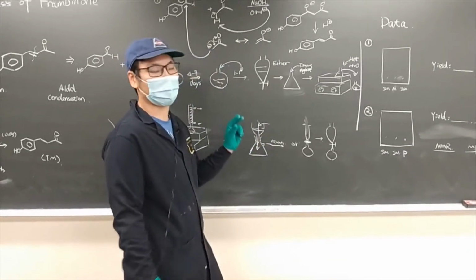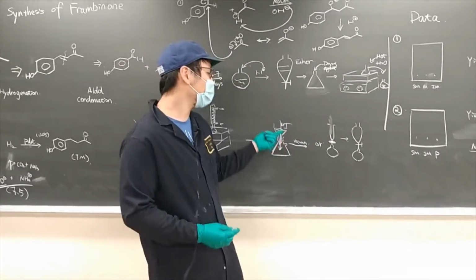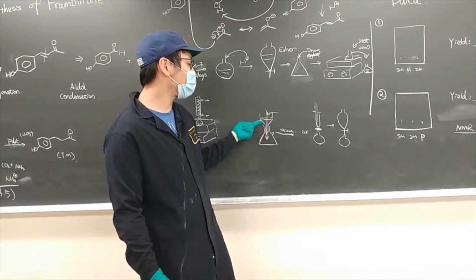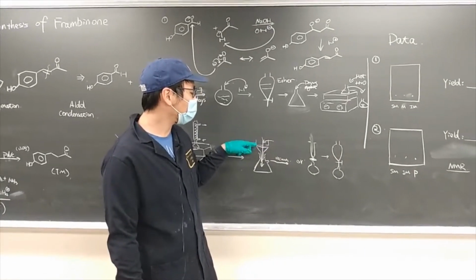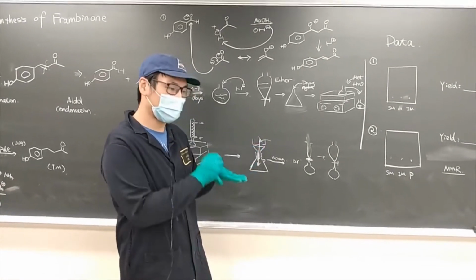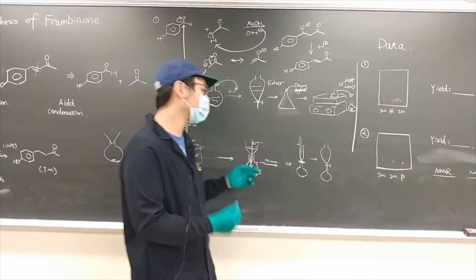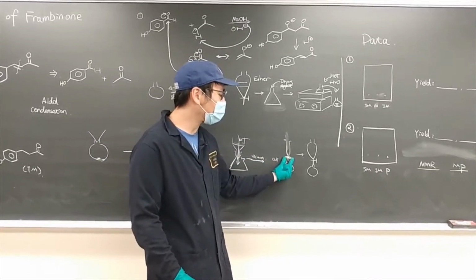However, we only have a very small amount of product. If we use a large Buchner funnel, a lot of the palladium catalyst will just stick on the filter paper, which is not very efficient. So this time we prefer to use a small, tiny filter.